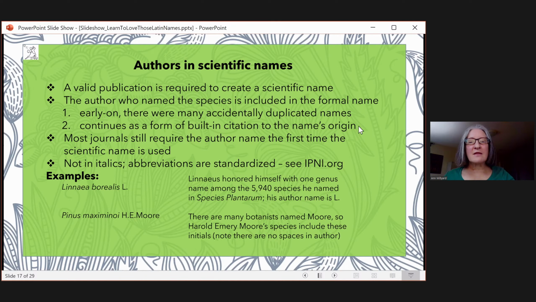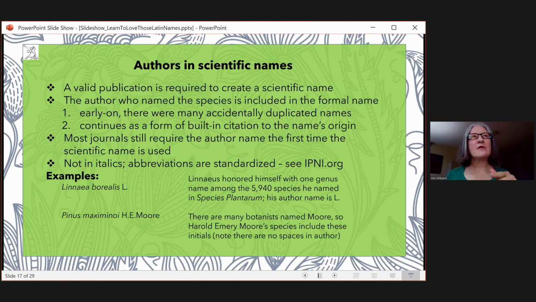And the other thing is, if you're familiar with scientific writing, we put a citation to a publication in parentheses after a published paper that supports our evidence. And then at the end, we have this literature cited section. Well, if you had to do that with every species name, you would have a much bigger list of literature cited.